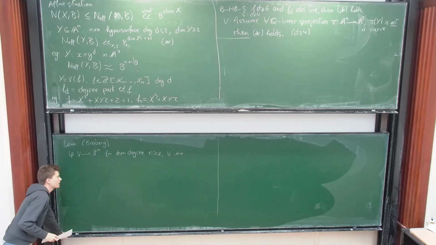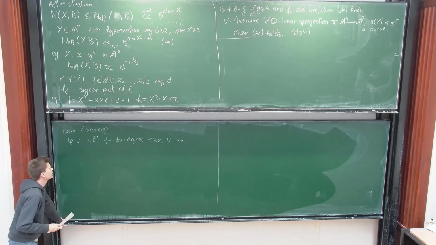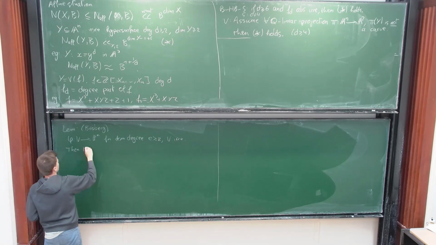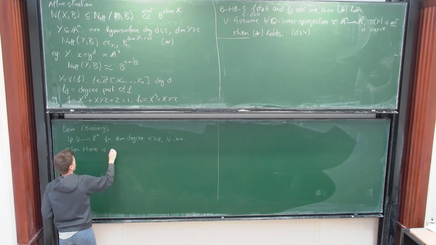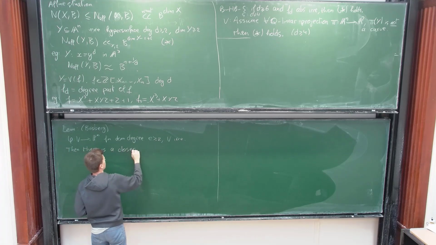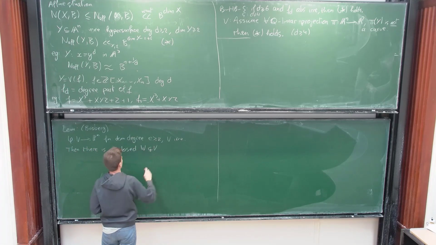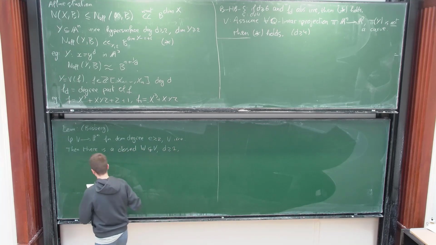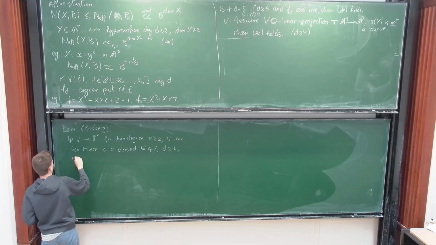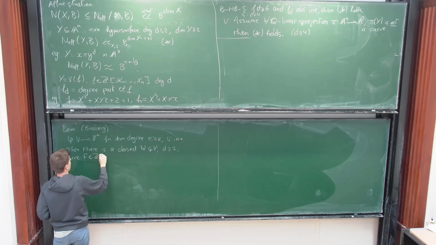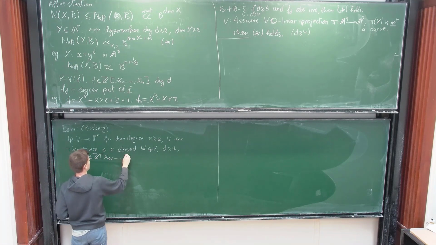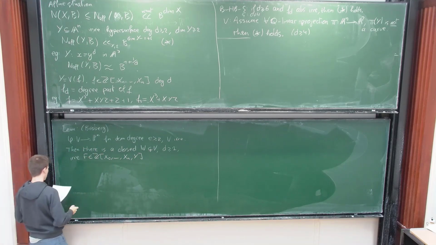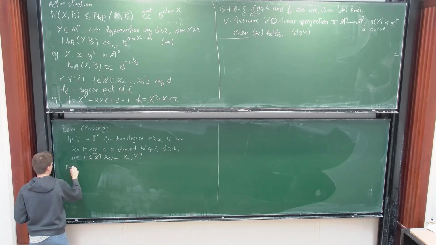So let's suppose we have this finite degree dominant map. So then, what does the lemma say? Then there is some proper closed subvariety W, some integer D, an irreducible polynomial f in variables x_0 to x_n, which is of the following form.